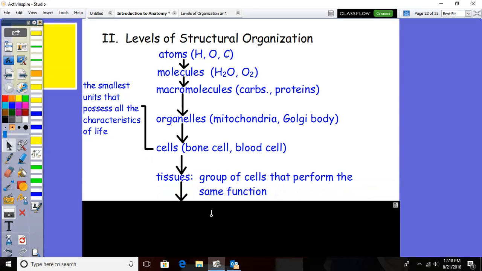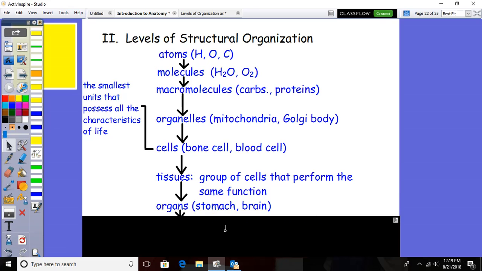Cells come together to form tissues, and we talk a lot about tissues in here. Unit 2 is all about tissues, like when we talked about the study of tissues being histology. Tissues are groups of cells that perform the same functions: epithelial tissue, connective tissue, nervous tissue, muscle tissue.